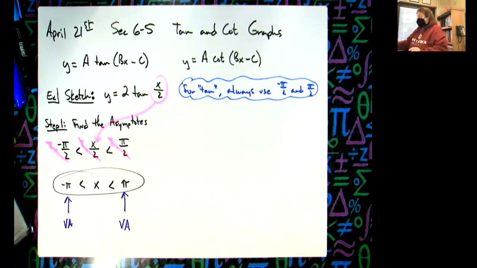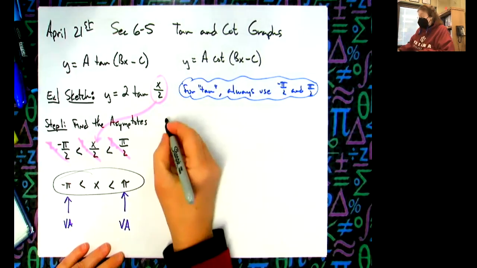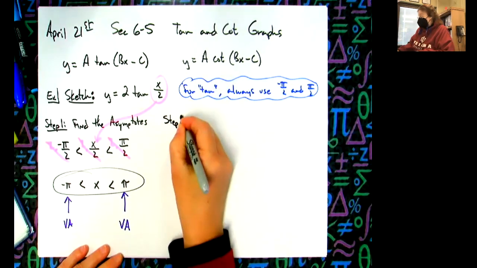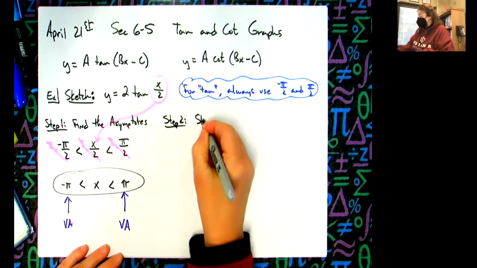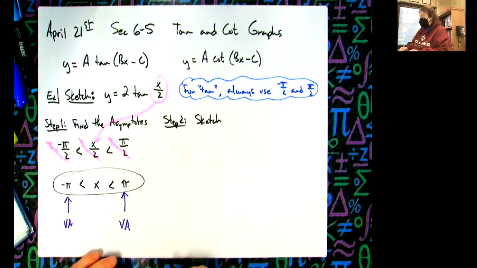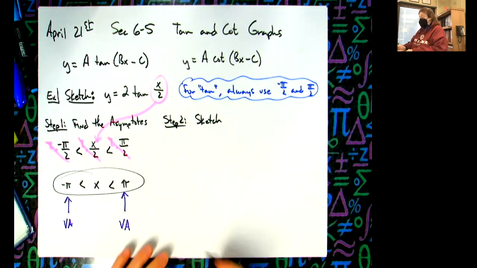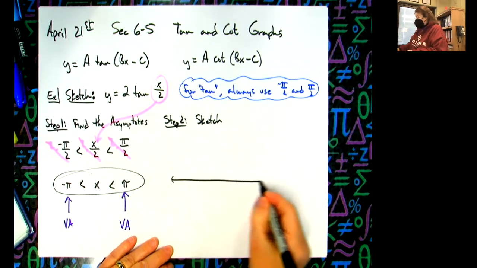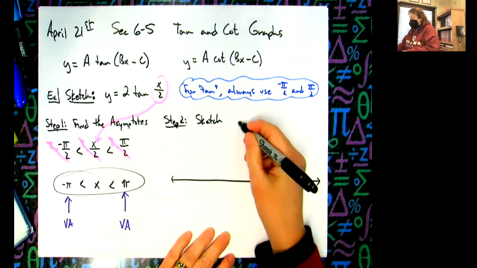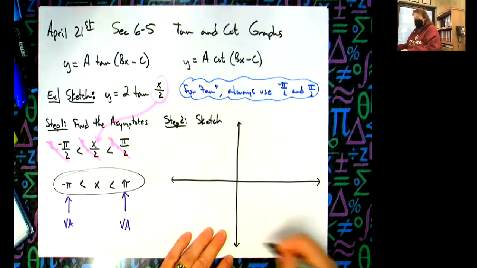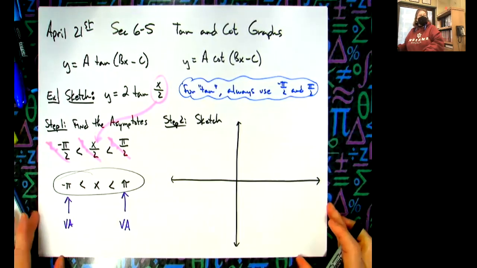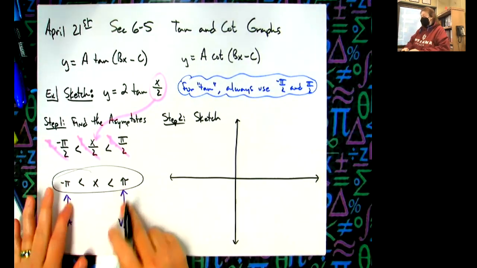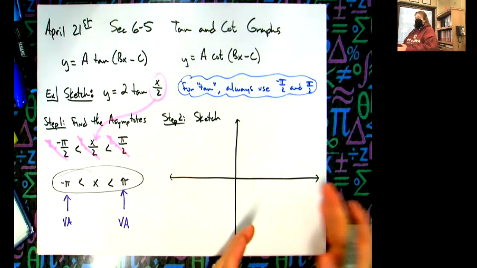Okay, so step 2, sketch. I generally make a really long x-axis. I try to put my y-axis in the middle. Depending on what these 2 numbers are will determine how I set my graph up.